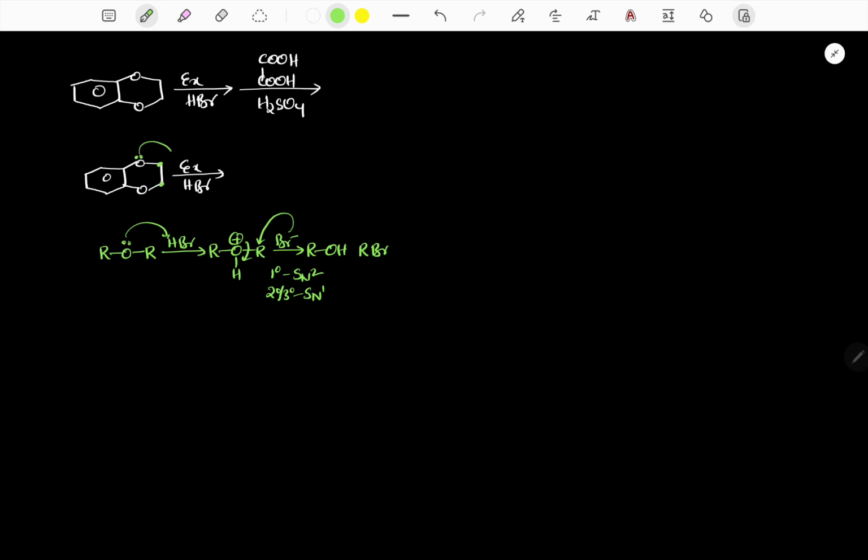So initially the lone pair attracts the proton. The corresponding oxonium ion is formed. Now it reacts with Br minus, an SN2 type of reaction, and this is the corresponding product. Now it reacts again with HBr.